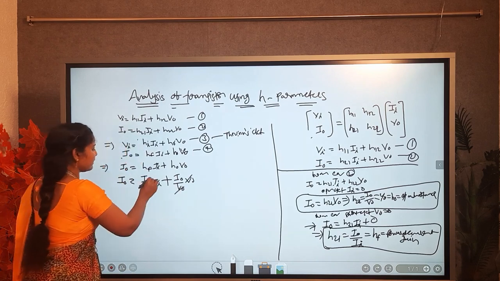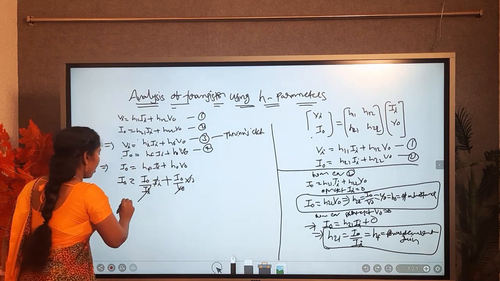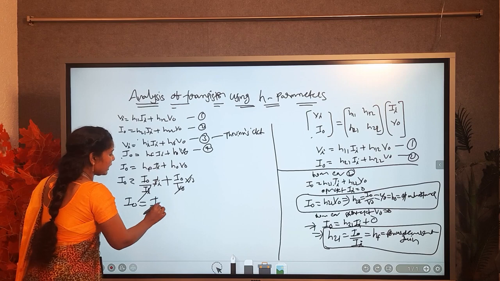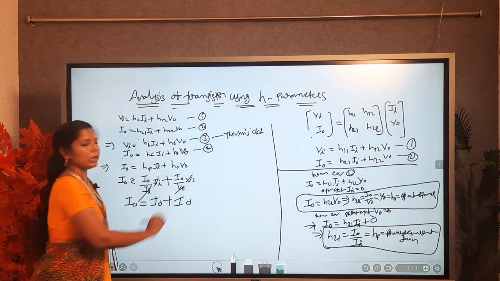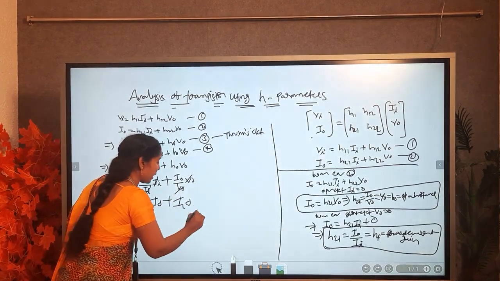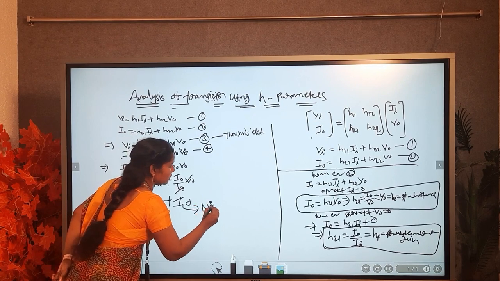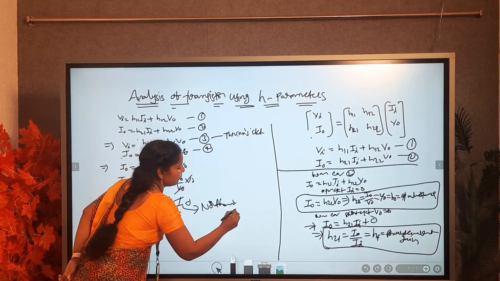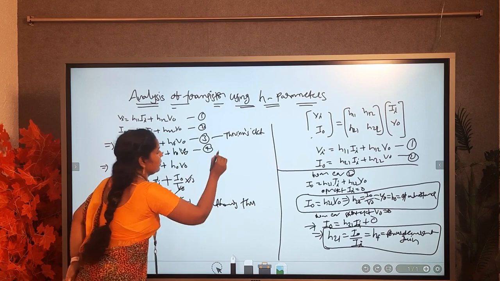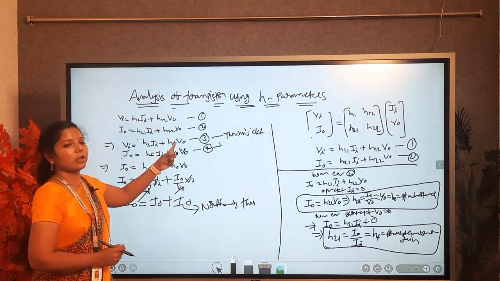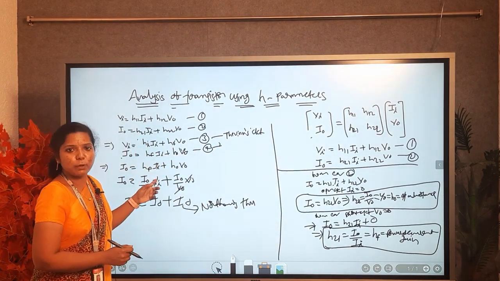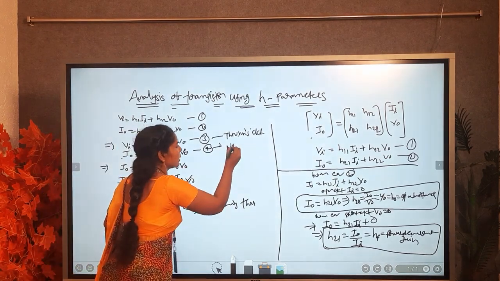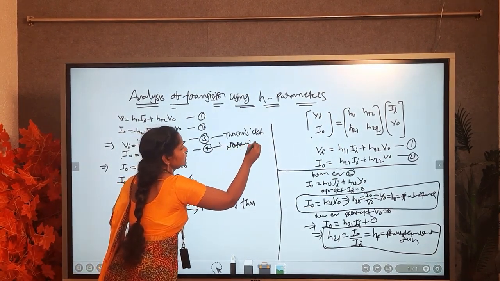So V naught cancels, II cancels. The total equation is in the form of current only. So you have to apply Norton's circuit or Norton's theorem. For equation number 3, you apply the Thevenin circuit. For equation number 4, you apply the Norton circuit. How is it?